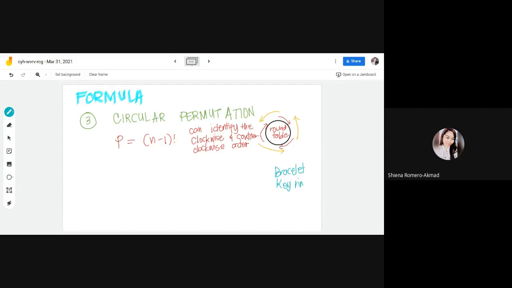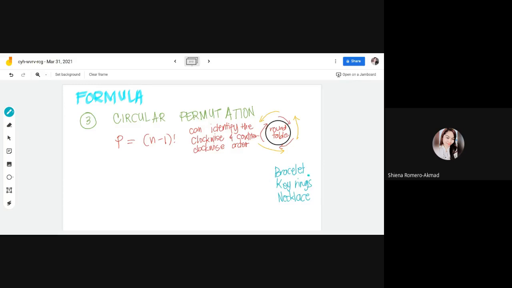earrings, ano pa yung isa, necklace. Paano kapag ganun na? Diba?